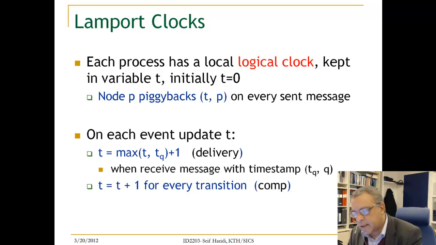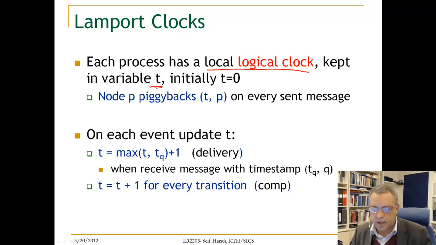Each process has a local logical clock, kept in the variable t, and it's initially 0. Whenever a process sends a message, it piggybacks the value of the logical clock and the process identifier on that message.